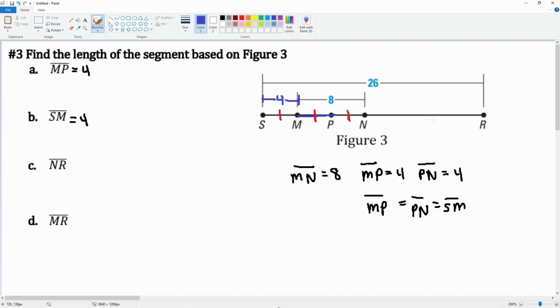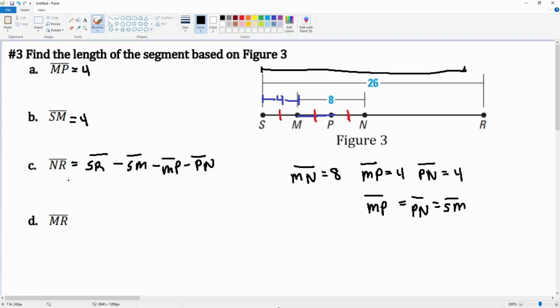Then we have NR. So you can write this equation if you would like to see it. NR is equal to this entire thing, which is SR minus these three pieces, minus SM minus MP minus PN.